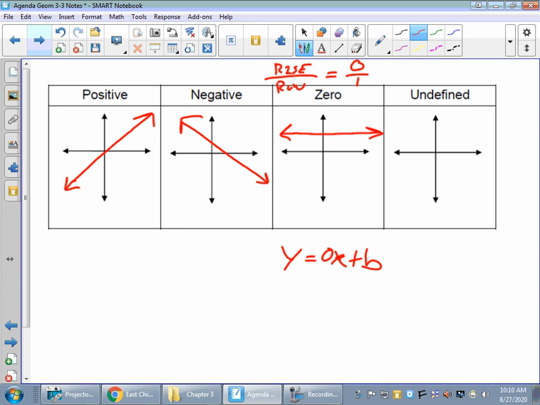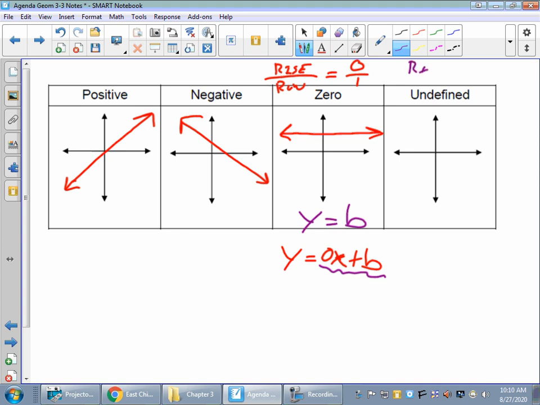You could look at it and say, if y equals 0x plus b, 0 times anything is 0, so it would really just be y equals b. So a lot of times your equations are going to be y equals a number, and that would be a horizontal line slope.